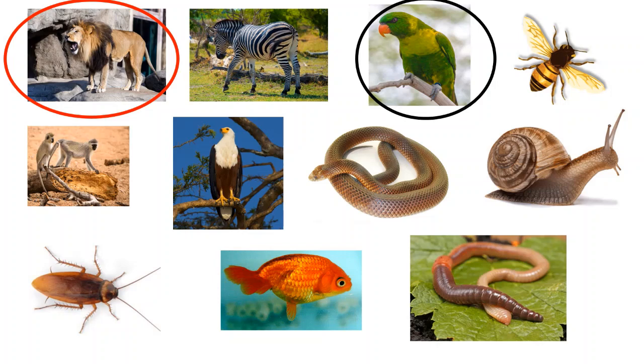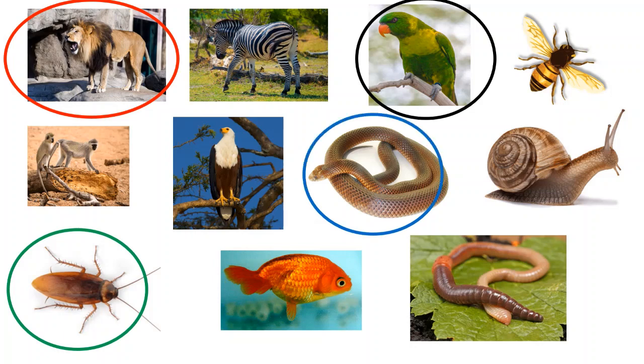Now what about this parrot? Children, how many legs do parrot has? Yes, two. Now, what about this, children? Yes, it's a cockroach. Now, how many legs do cockroach has? Count, children. Yes, six. Animals that have six legs are called as insects. Now, what about this?